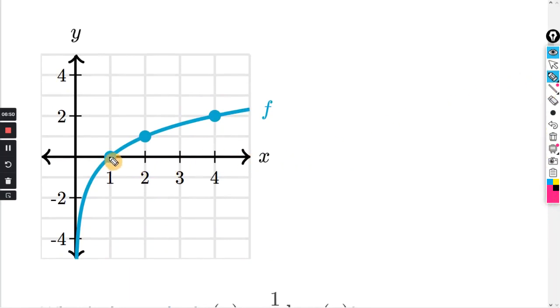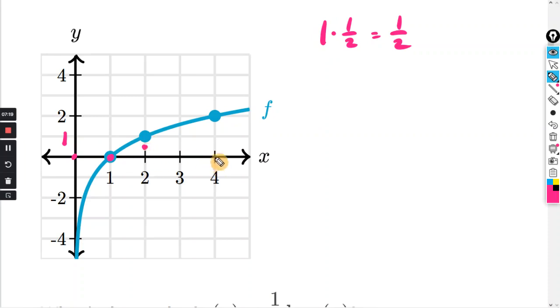On this point right here, y equals 0, and 0 times 1/2 is just 0, so that one's still there. This point right here is at y equals 1, and 1 times 1/2 is going to be 1/2, so this point is going to be halfway there, about 1/2.